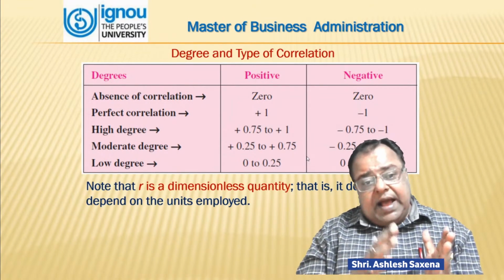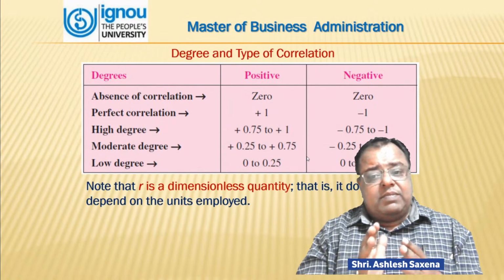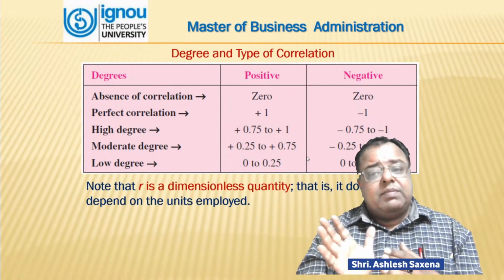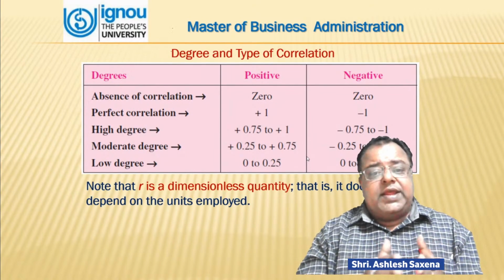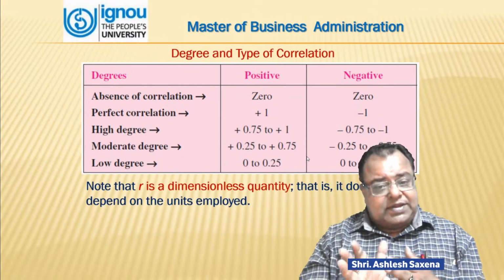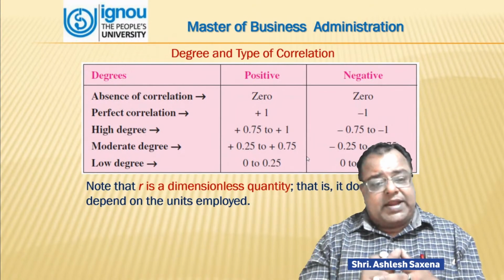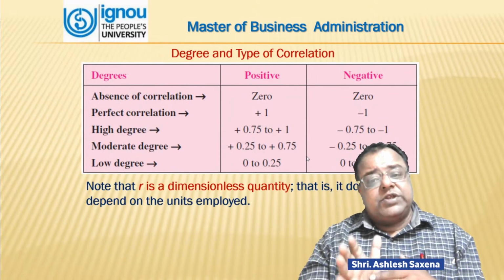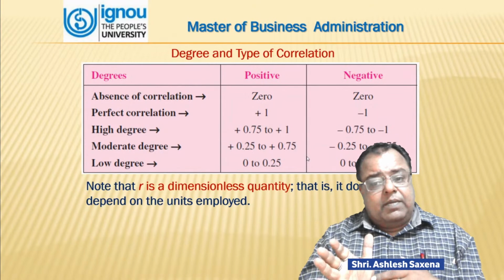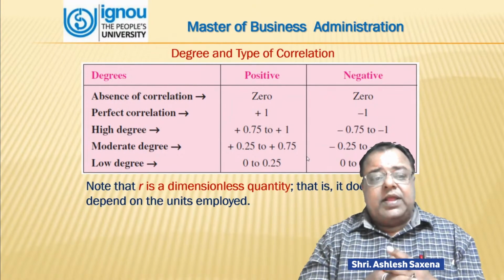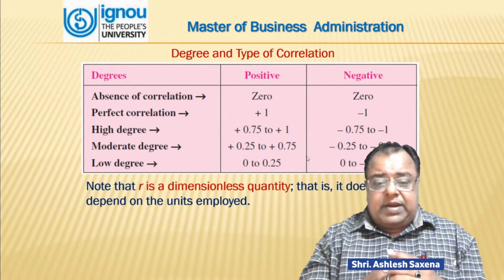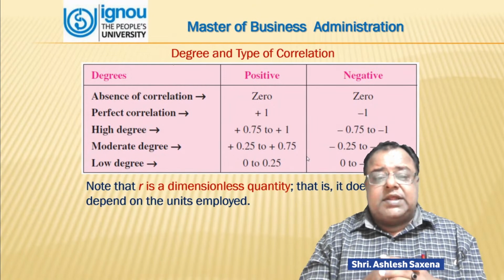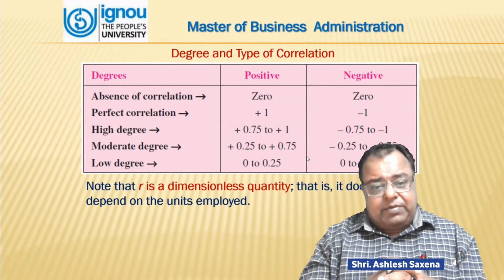And high degree of negative correlation is from minus 0.75 to minus 1. Moderate degree is plus 0.25 to plus 0.75, and similarly for negative. And for low degree, it is from 0 to 0.25 and from 0 to minus 0.25. Note that r is a dimensionless quantity and does not depend on the unit employed.